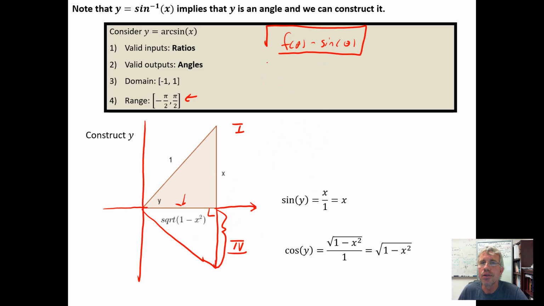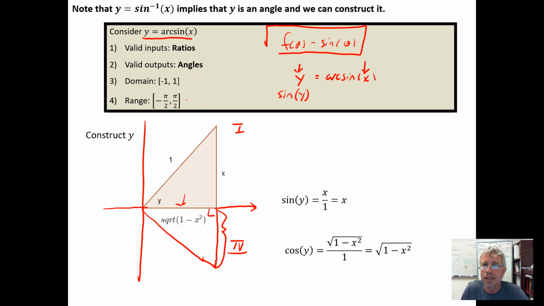So here's the way this plays out. If you start off with y equals the arc sine of x, and if you take the sine, this is a side ratio: opposite over hypotenuse, and the output of the arc sine function is an angle. So if I take the sine of both sides, I get sine of y.